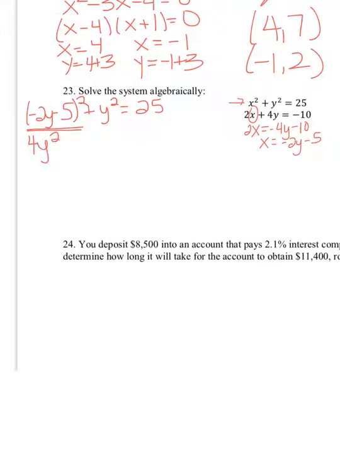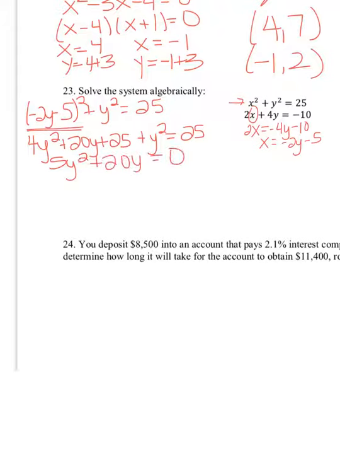So write it out twice if you have to. But that's what you get, and then you still have plus y squared is equal to 25. This is really just a quadratic equation, but instead of x's, you have y's. So you're going to set it equal to 0. So this is 5y squared plus 20y equals 0.